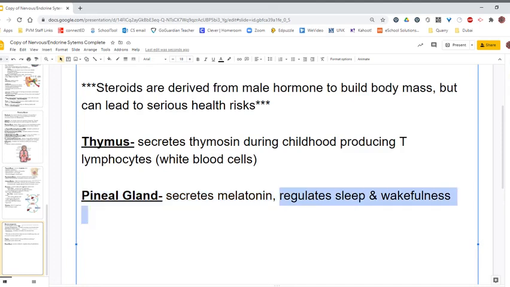But more importantly, I think it's good to note that the pineal gland regulates your sleep and wake cycles, which is why using your cell phone can be such a problem at night. If you're getting a lot of screen time late at night, it tricks your brain into thinking that it's daytime because of the elevated light levels. And that's going to disrupt your melatonin production and disrupt your sleep and wake cycles.